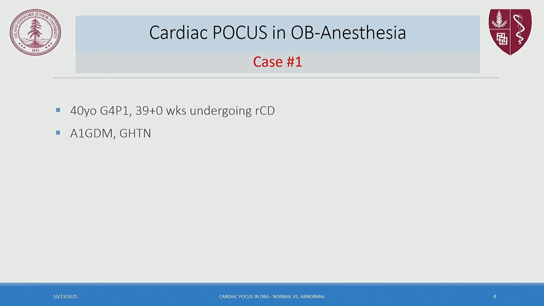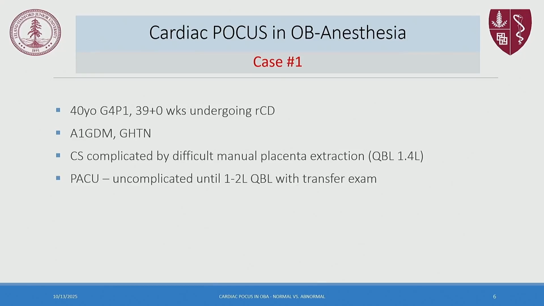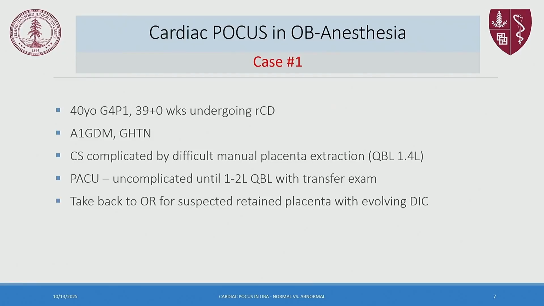She's undergoing a repeat cesarean delivery, A1 GDM, gestational hypertension, more or less an uncomplicated C-section, but they have a little bit of difficulty removing the placenta. But we go to the POCUS, everything is fine until the transfer exam where suddenly she has a big blood loss, and we rush back to the OR.